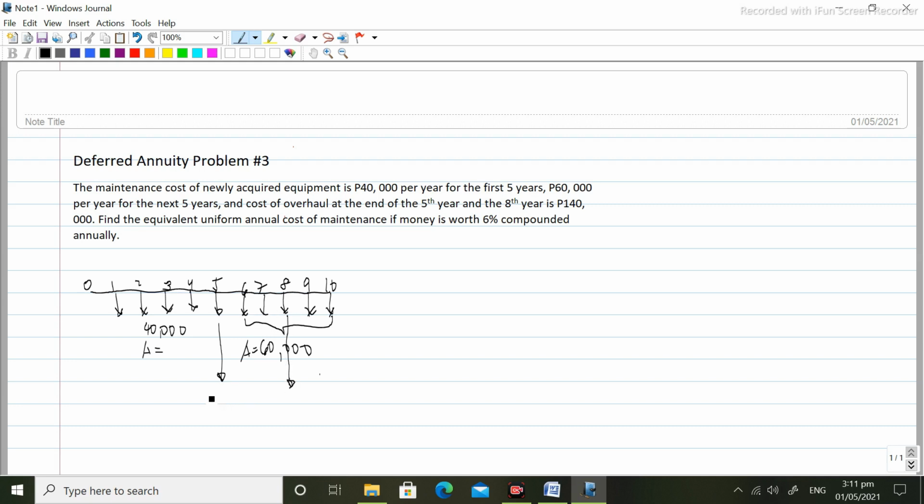So, itong dalawa na to, 140,000 yung overhaul. And then, interest rate, money worth is 6%, annually. Okay? Ganyan. And then, find the equivalent uniform annual cost of maintenance if the worth 6%. So, ito yung equivalent na annual cost.